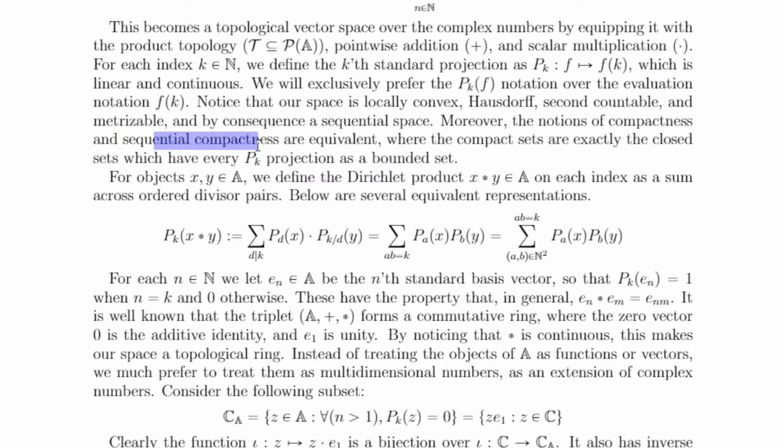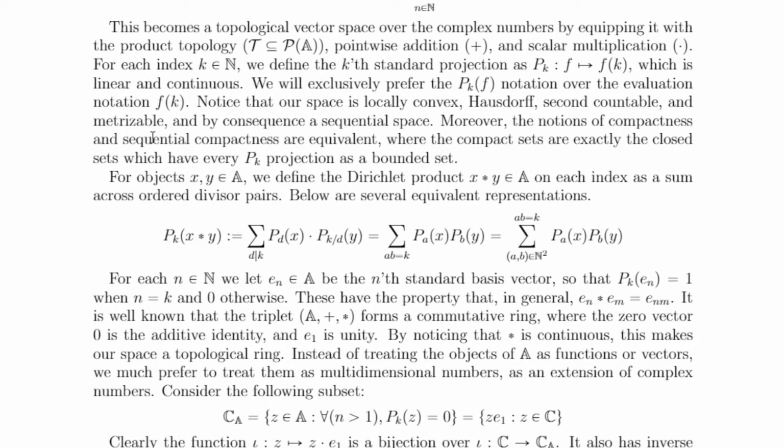Compactness is a very nebulous concept in topology. Sequential compactness basically just means that every bounded sequence has a convergent subsequence.